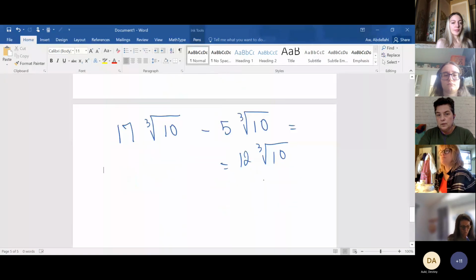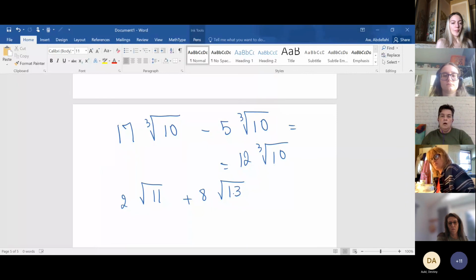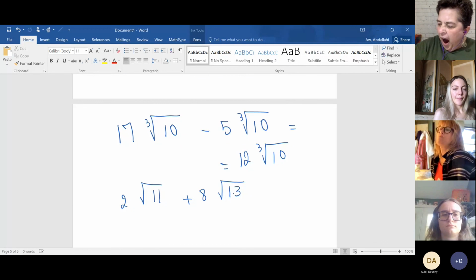If they are not like radicals, like somebody tells you 2 square root of 11 plus 8 square root of 13, you see, we cannot do anything about this, okay? We cannot put them together because they are not like radicals, right?